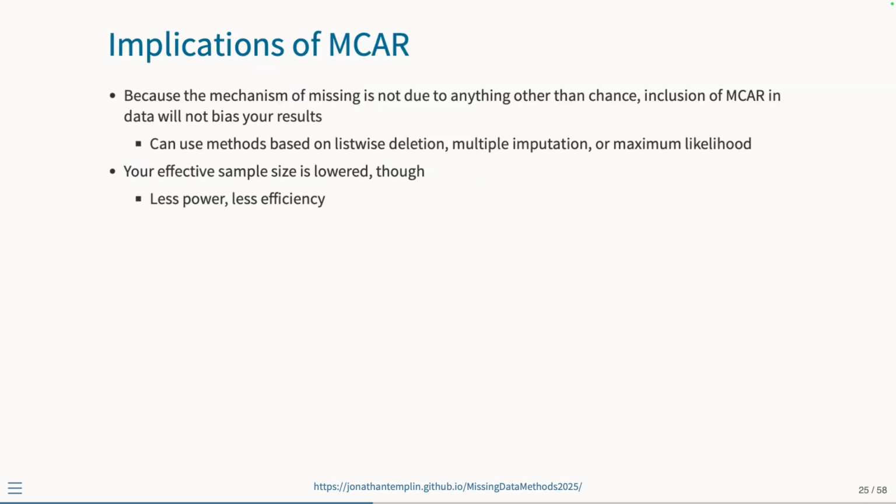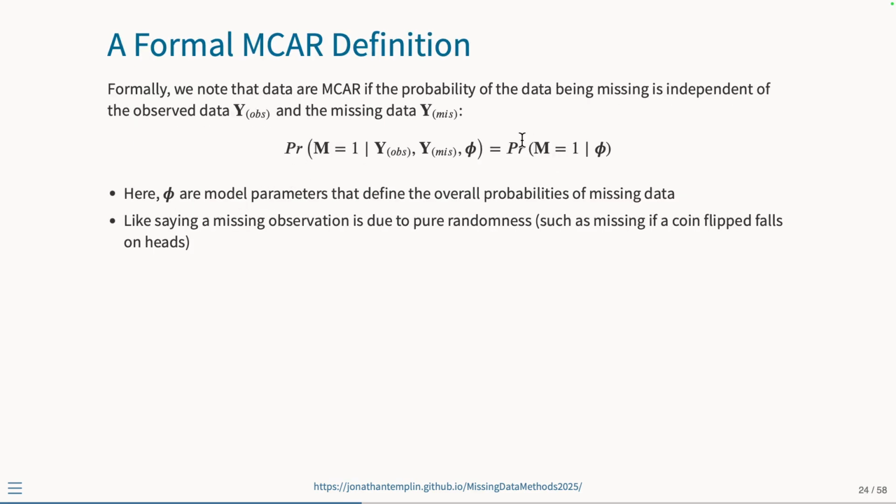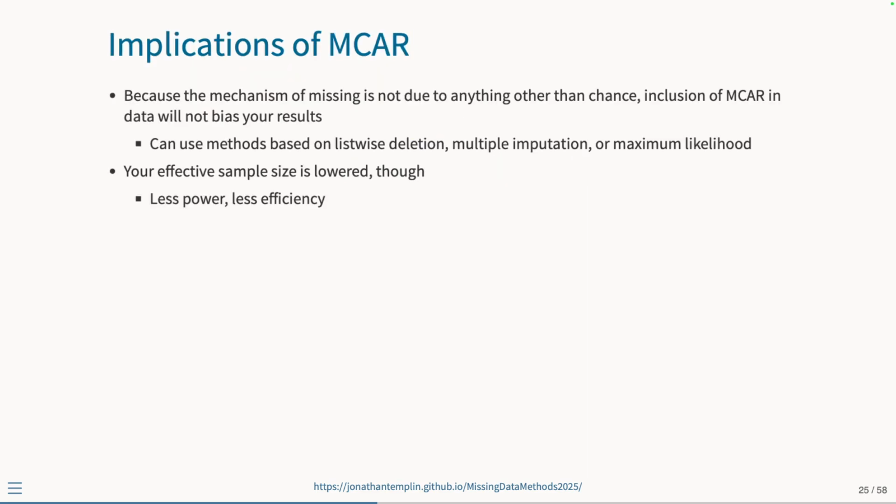Okay, what are the implications of missing completely at random? As I started to sketch out logically, whether or not something's missing is independent of what's observed or what's missing. So we should see that our methods do not give us bias in our parameter estimates. Our methods should work fine. That includes listwise deletion.